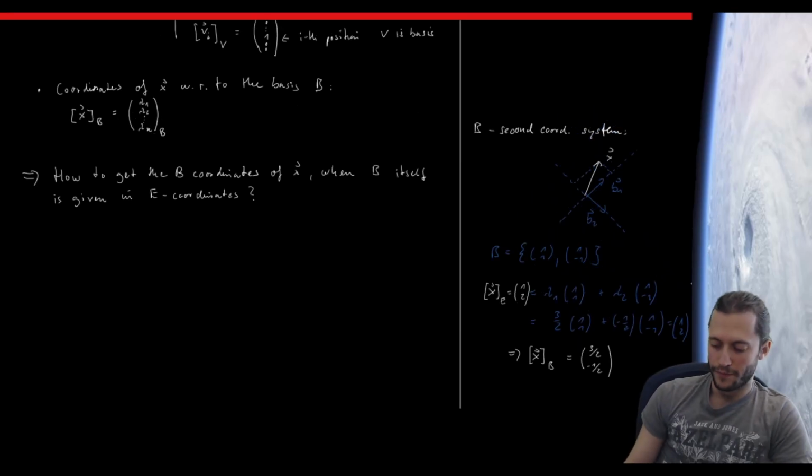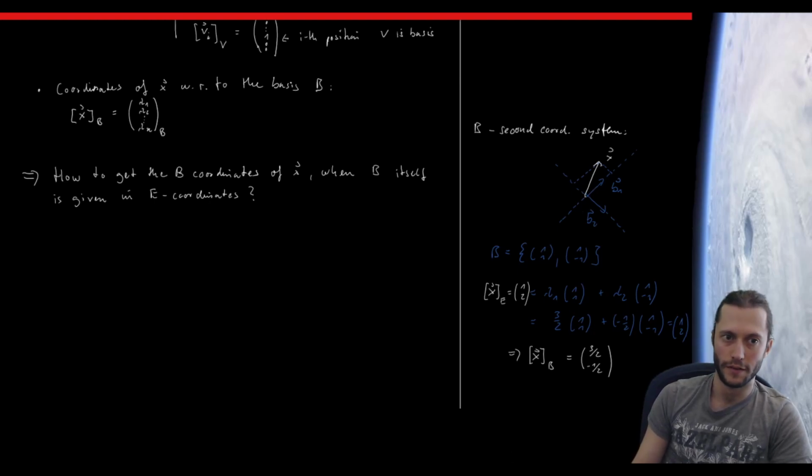So far so good. So we left the vector as it is, but we chose different bases, therefore a different coordinate system. We found different coordinates, lambda 1 and 2, which express this vector x with respect to the basis b.